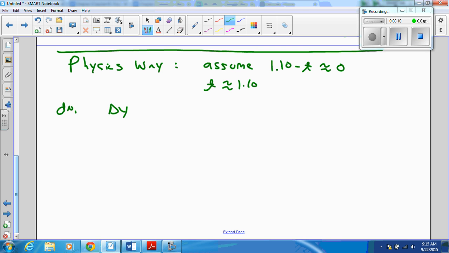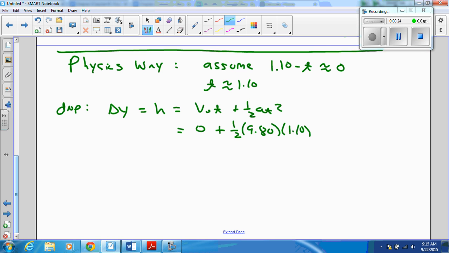And so now I can compute the drop time, which is delta y, which is also equal to h, is v0t plus 1/2 at squared, which is going to be 0 plus a half of 9.80 times 1.10 seconds squared. Now I know that the drop time isn't really 1.1, but it's close enough.